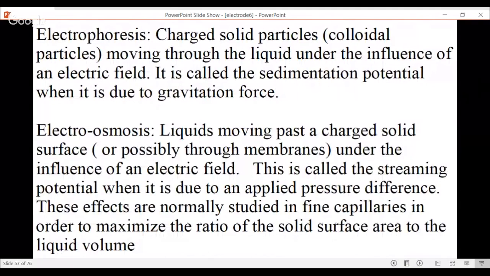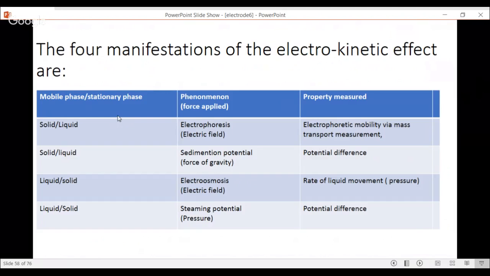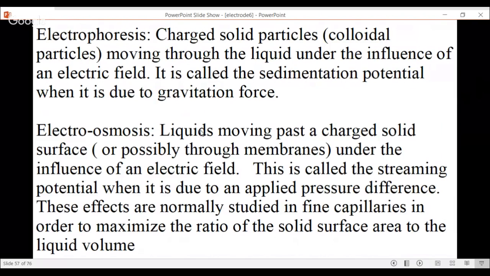We will take up all other things later, because we have to talk about electrophoresis, electroosmosis, and many other electrochemical processes that take place at the electrode electrolyte interface. Of the four manifestations, we will only take two: electroosmosis and electrophoresis. Electrophoresis is charged solid particles, colloidal particles, moving through the liquid under the influence of an electric field.